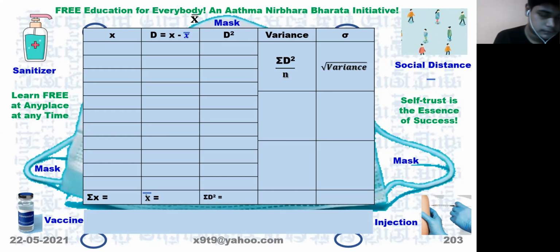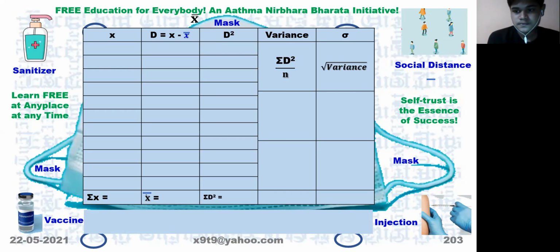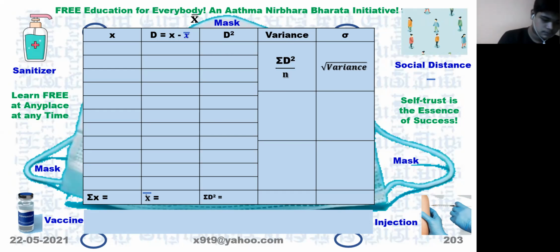Now in the first row, the headings are given at the top. So in the X column, you write all the values that are given one below the other.